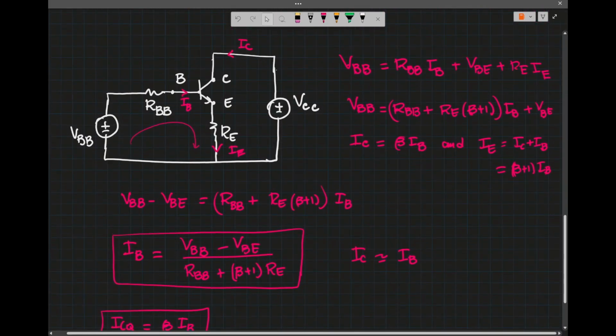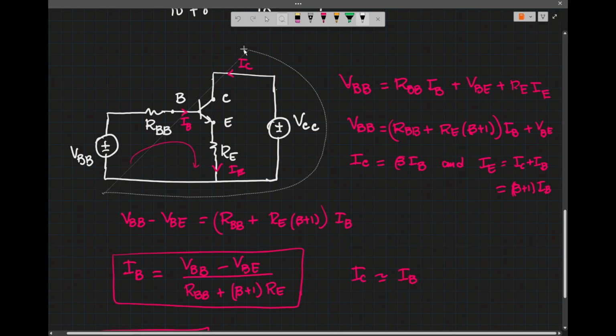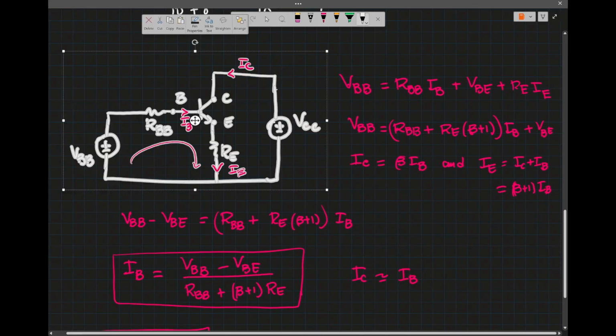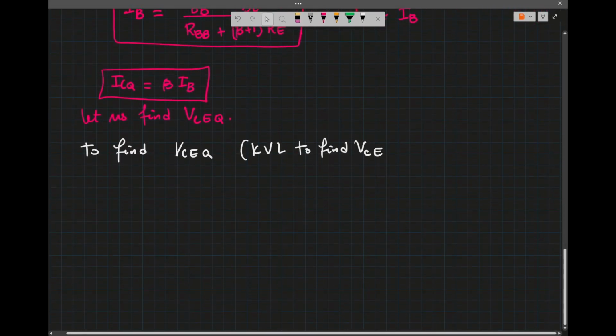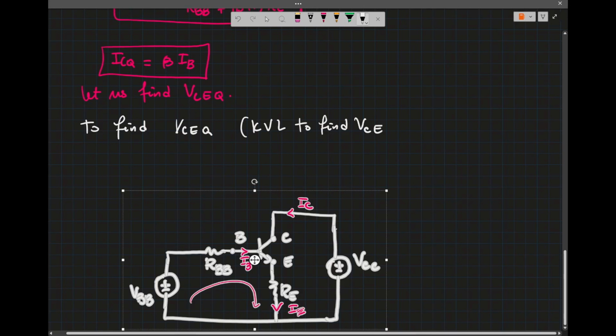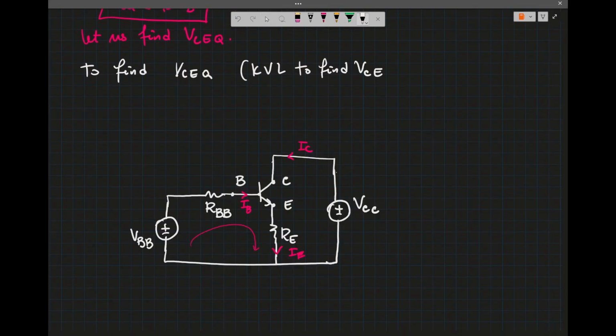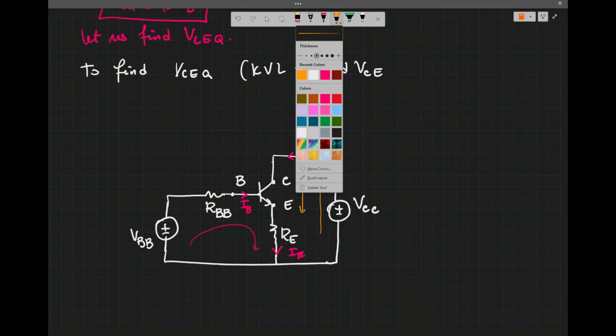So if I copy this down and paste it down here, I'm going to write KVL for that loop.